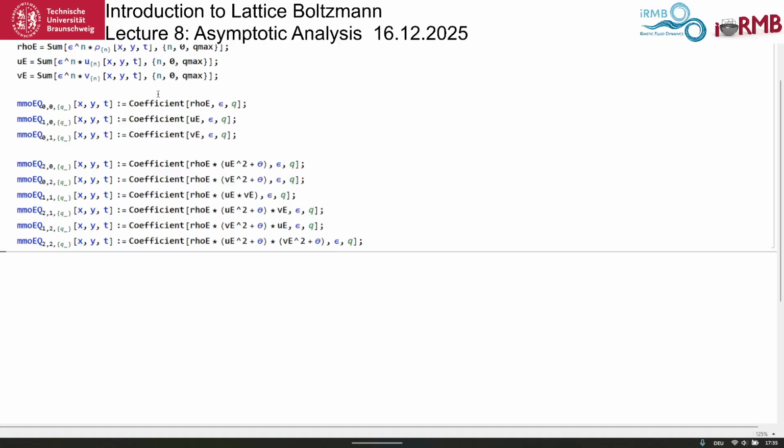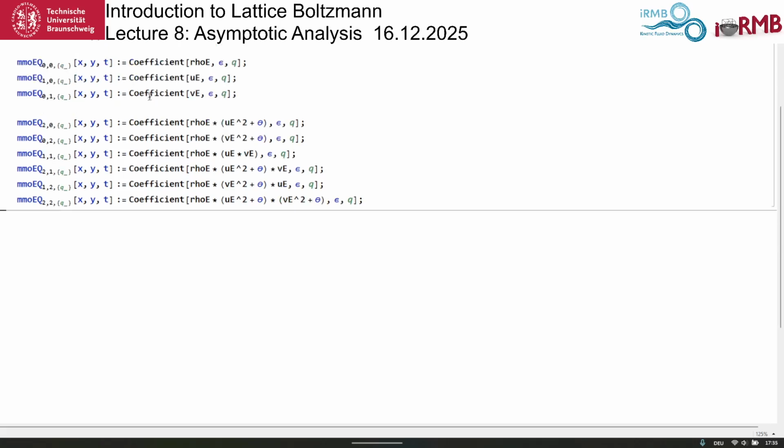So now let's see what comes out of this. Actually, we have the ohm 0, 0. So ohm 0, 0 is 0. That should be ohm 0, 0 to second order, otherwise there is nothing, and x, y, and t.